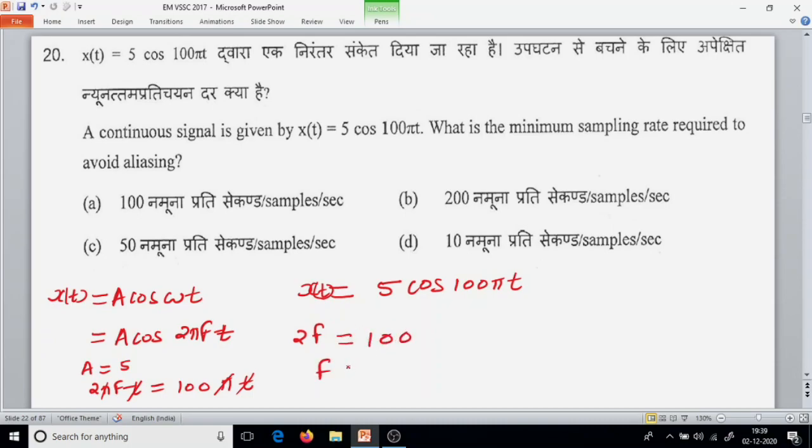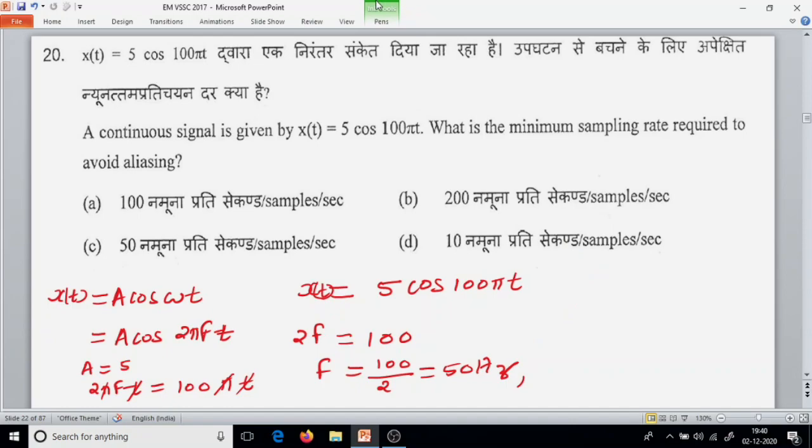What is f? f equal to 100 divided by 2, which equals 50 hertz. So 100 divided by 2 equals 50 hertz. Now we got the frequency.